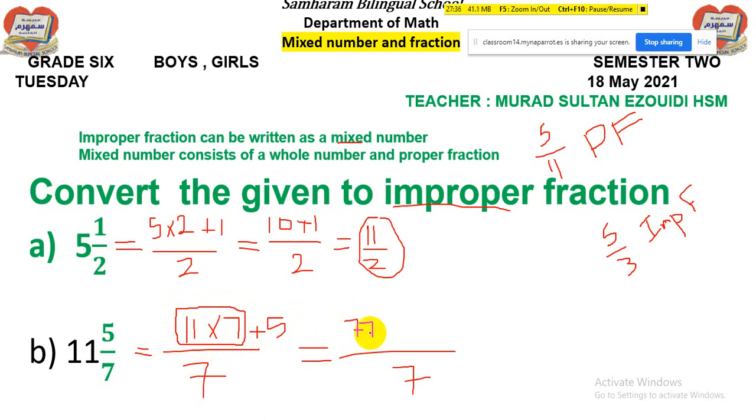Clear? Plus 5. Now you can add. It will be 82 divided by 7. Is this a proper fraction or an improper fraction? This is an improper fraction. Why? Because 82 is more than 7.